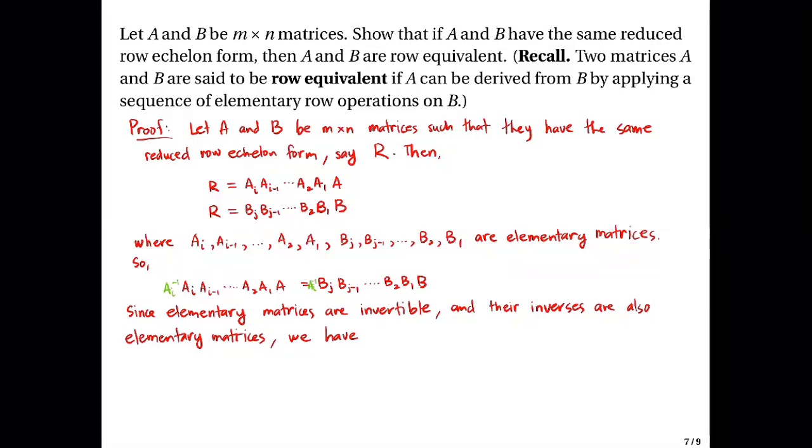Next I'll multiply A sub i minus 1 inverse in here, and again this cancels, etc. You do that and you will get A equal to A1 inverse, A2 inverse, until A sub i minus 1 inverse, then A sub i inverse, and then B sub j minus 1 until B2, B1, and then B.